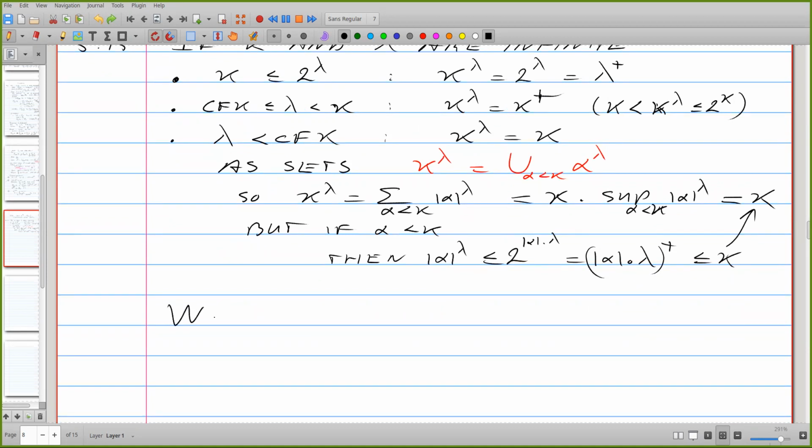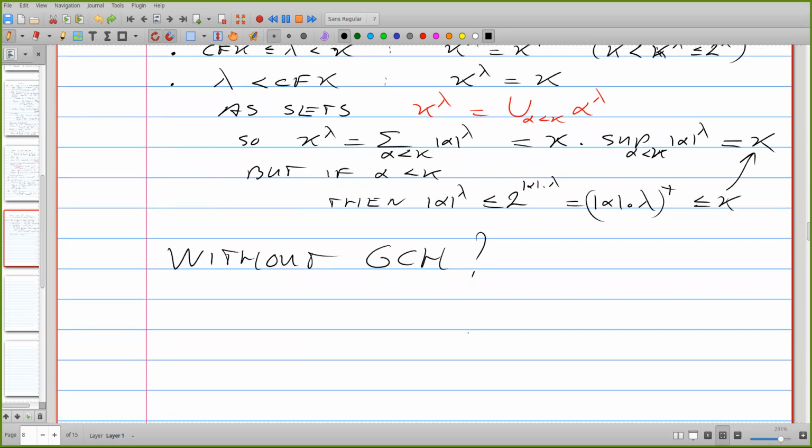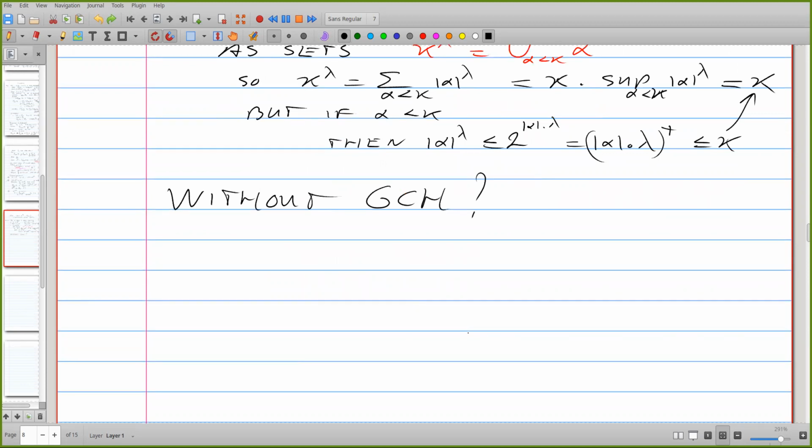Without GCH, what can we say? Well, we already know for the continuum function that the cofinality of 2 to the kappa has to be bigger than kappa, and roughly that is it.